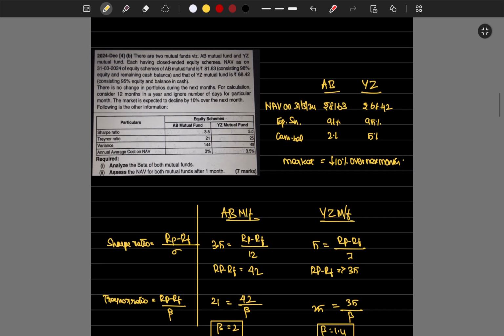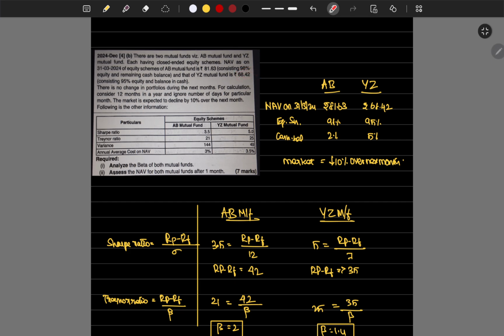The next problem I have already worked out. I'll just teach you how we have to do this problem. There are two mutual funds, AB mutual fund and YZ mutual fund, each having close units. NAV as on 31st March 2024 of the equity scheme is 81.63, consisting of 98% equity and the remaining balance in cash. So out of NAV, 98% is in equity and 2% is in cash balance.